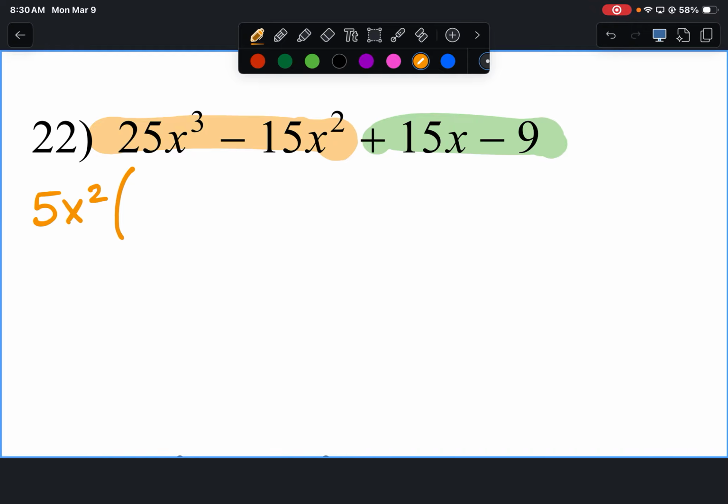What is 25x cubed divided by 5x squared? What is negative 15x squared divided by 5x squared? For our second half, what is our greatest common factor between 15x and negative 9? 3. What is 15x divided by 3? What is negative 9 divided by 3?